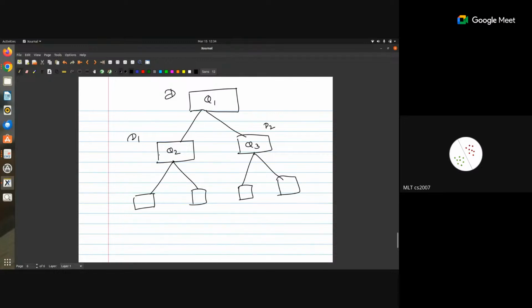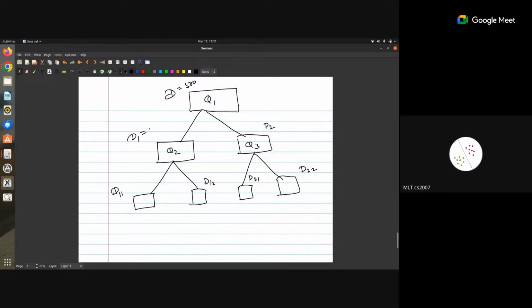After that, this D1 will partition into D11, D12, fine. And here it will be D21 and D22. What does that mean? Initially we had 500 data points here.